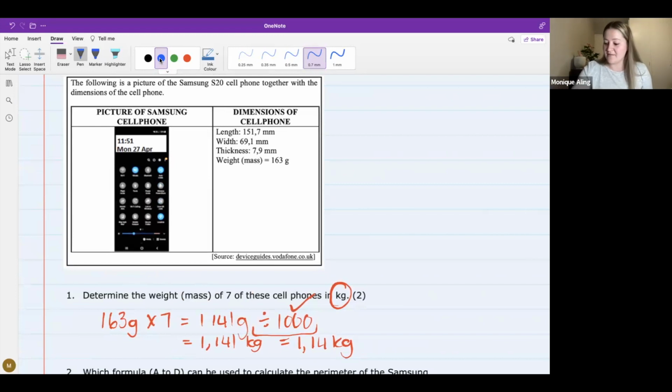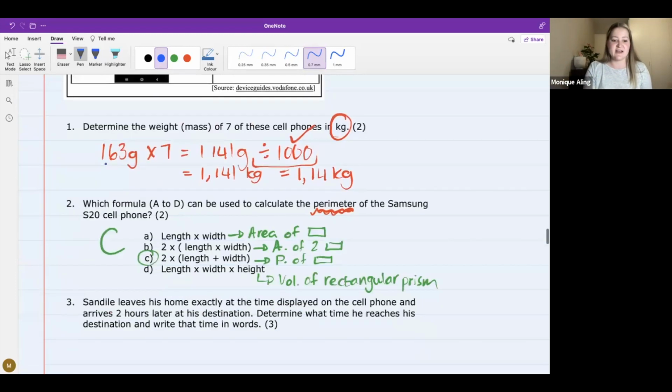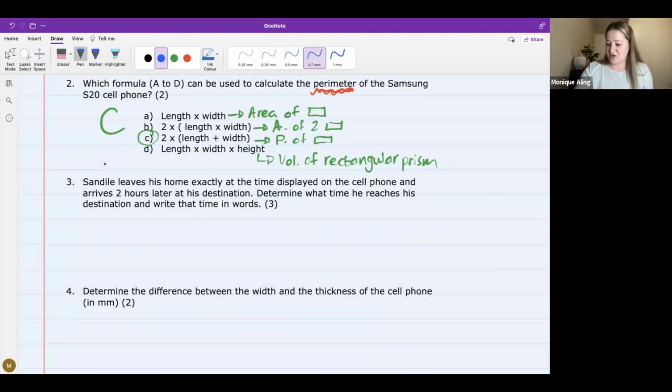The time on the cell phone is 11:51. So I'm just going to write it down here so you can see the question. Time on the cell phone is 11:51. So Sandile leaves exactly at the time displayed on the cell phone and arrives 2 hours later at his destination. Determine what time he reaches his destination and write that time in words.